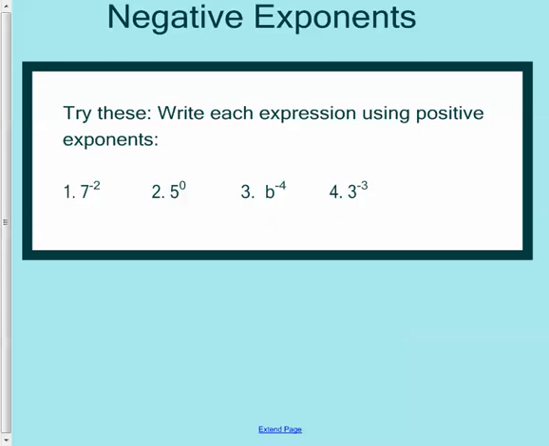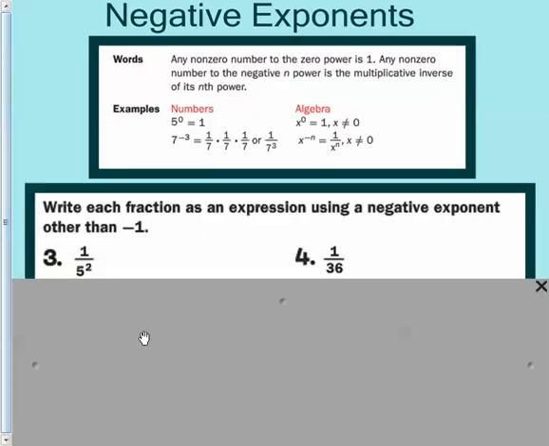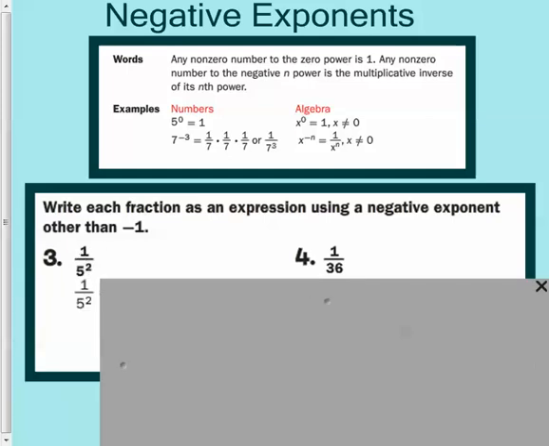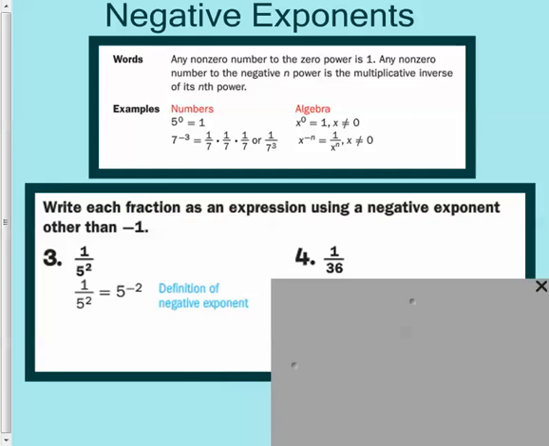All right, grab your red pen. So take a look at my work. They want us to write them as positive exponents. So the only way to make these exponents positive is to put them all over 1. So what if they give us the fractional form and they want us to write it as a negative exponent other than -1? Well, if we know that 5 squared is over 1, then we know that it is 5 to the -2nd power.